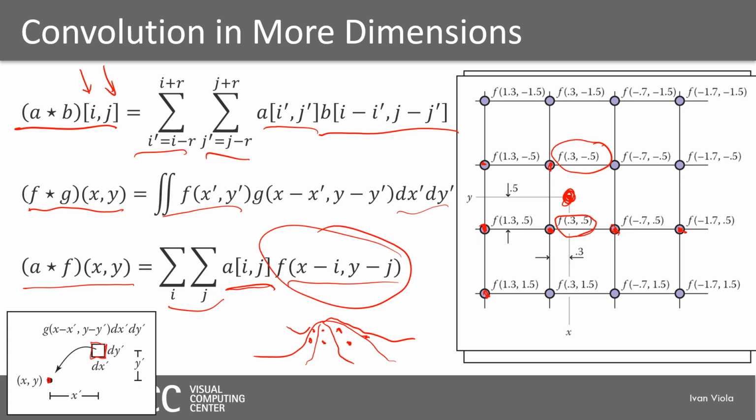Then we take the values of our filter kernel and weight our input signal, the neighboring locations to our non-integer location in 2 dimensions, with these values. Summing them up, we end up with a reconstructed value at this non-integer location, or at any location within this 2D domain.